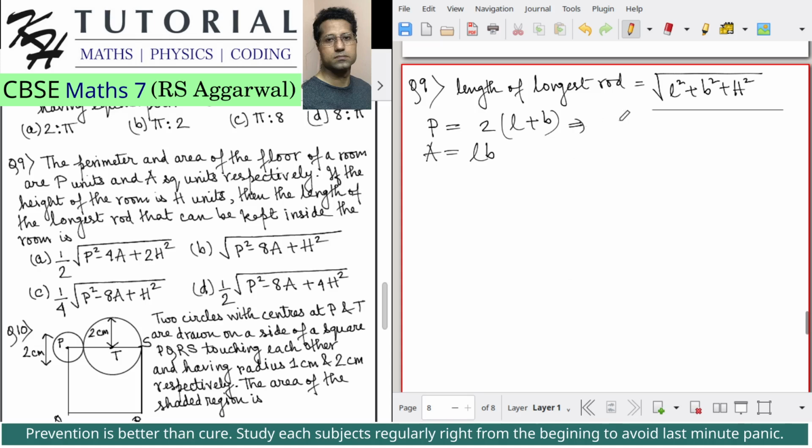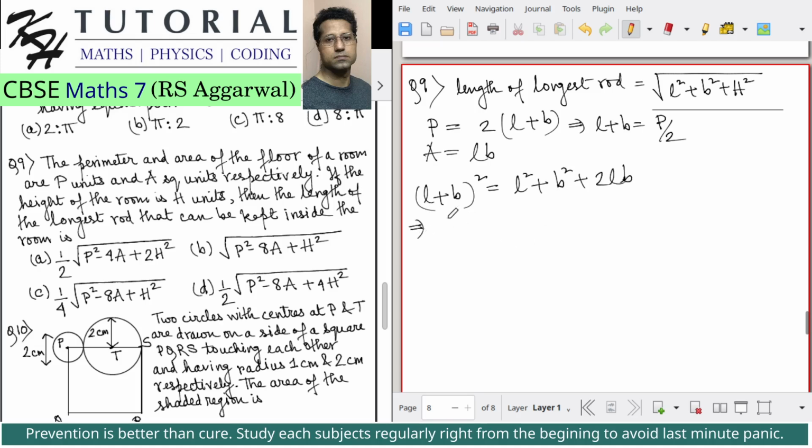Now this implies L plus B is equal to capital P by 2. Now how can we find L square plus B square from the value of L plus B and LB? We know that (L plus B) whole square is equal to L square plus B square plus twice LB.